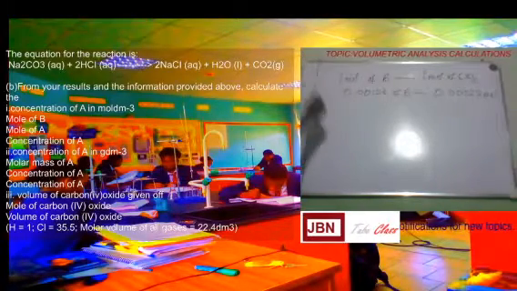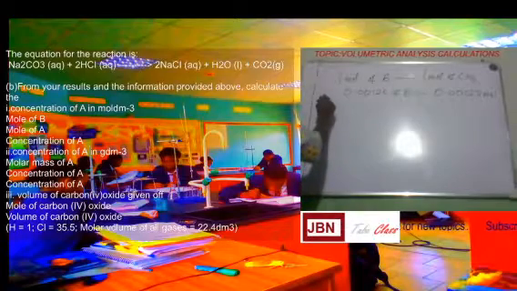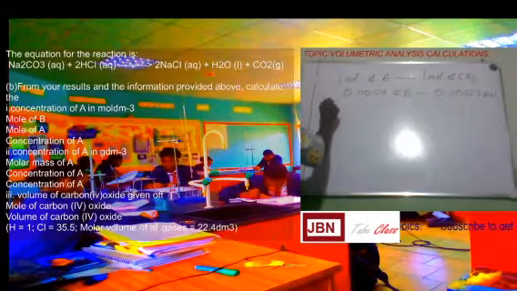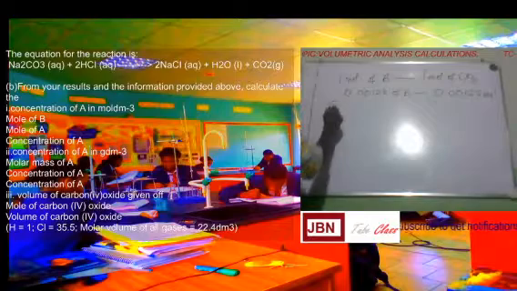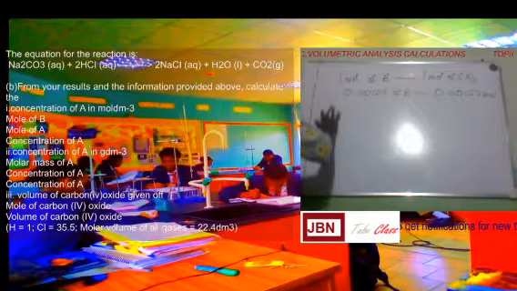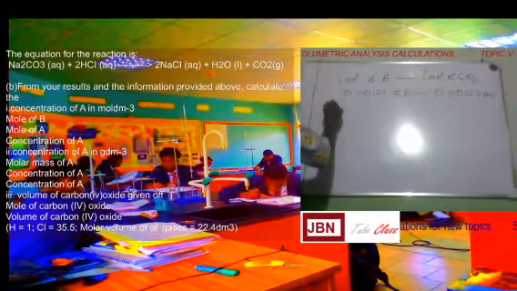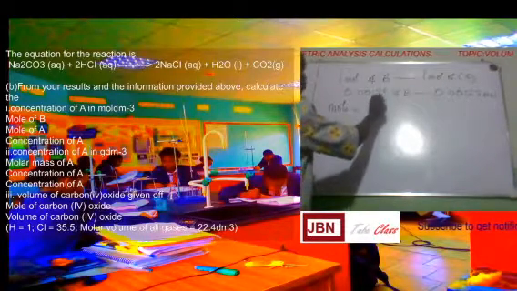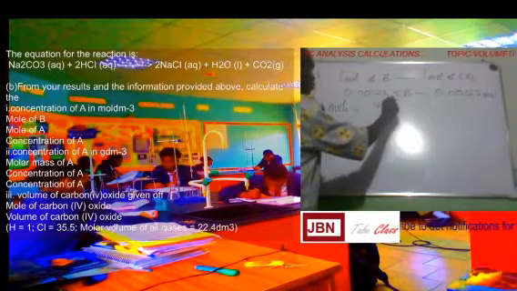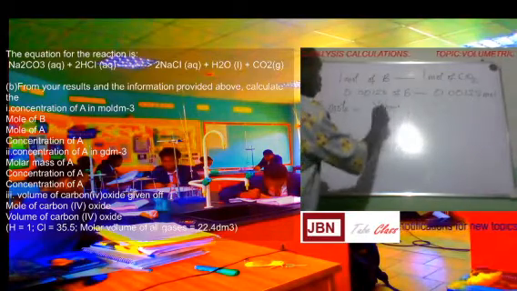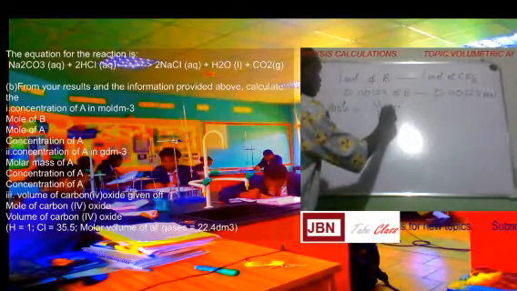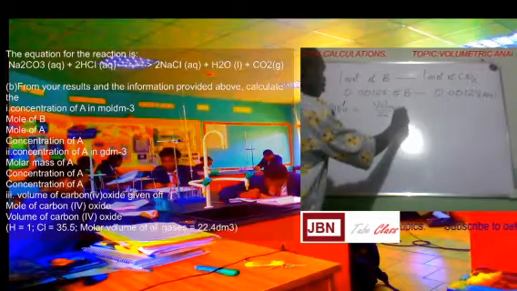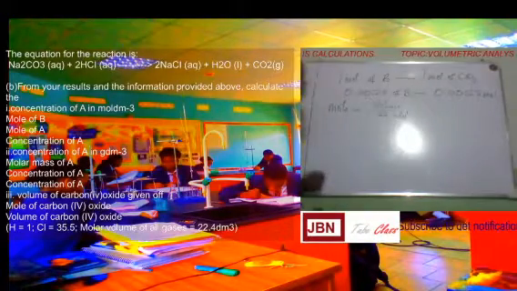Now that we have gotten the number of mole of CO2, how do we go about calculating the volume? It is simple. Mole is equal to volume over 22.4 dm cube.